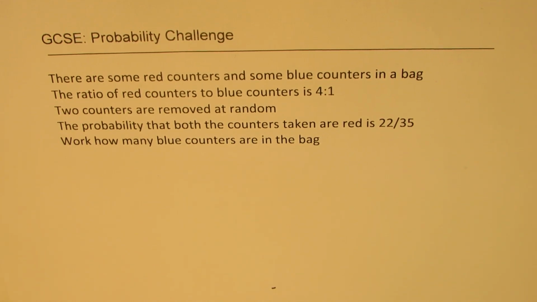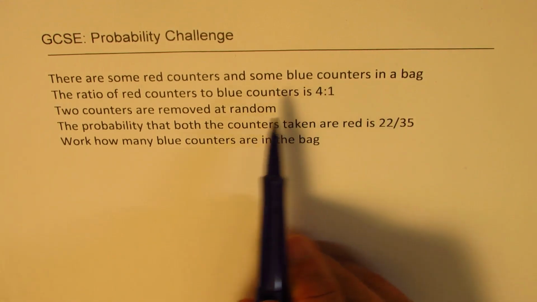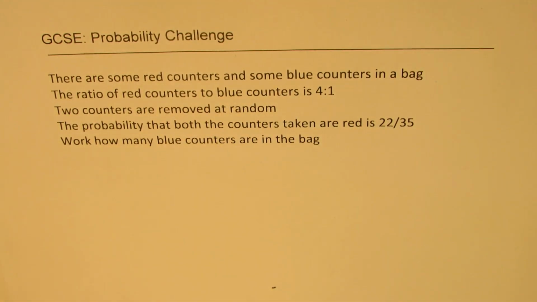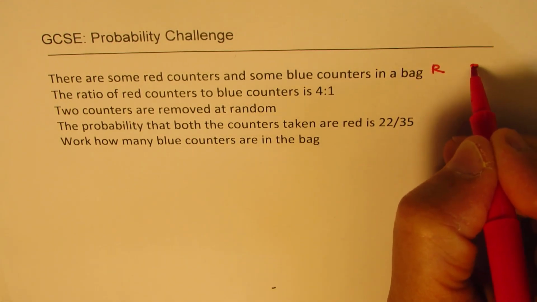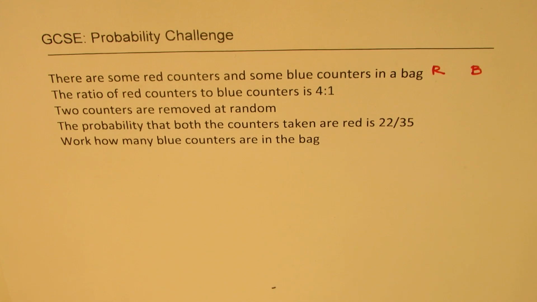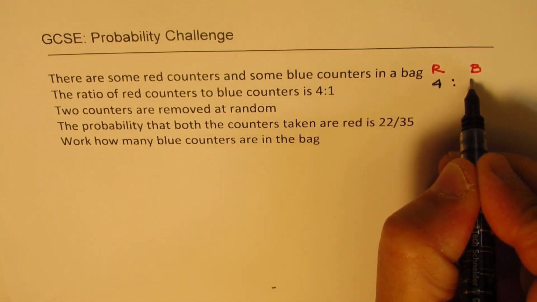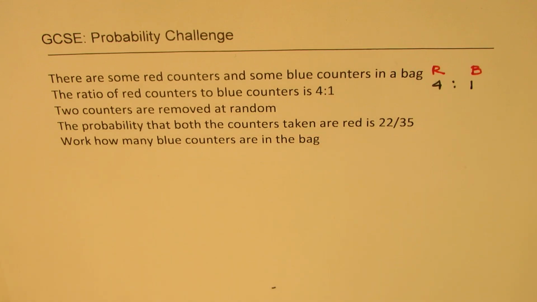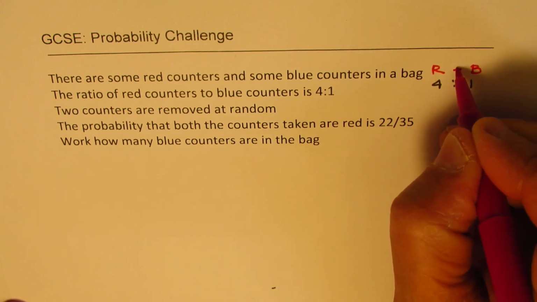Correct? Now, we have only two kinds of counters here, red and blue, right? So we're talking about red counters and blue counters. Second, we are given that their ratio is 4:1, right? So 4 red and 1 blue. So whenever it comes to a situation like this, and we're talking about probability, we should know what is the total sum, right?